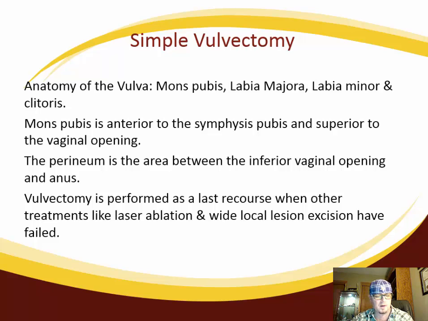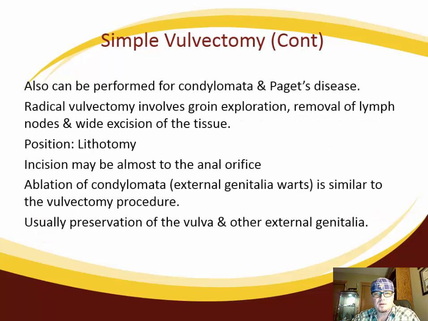Bartholin's gland removals, or bulbectomies, are done for recurrent infections. There's several indications for it. Pay attention to your anatomy so you know what we're doing when we do a bulbectomy. Ablation of condylomata, or external genitalia warts, is similar to a bulbectomy.